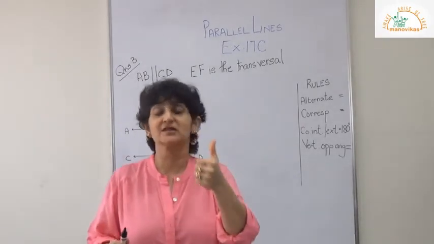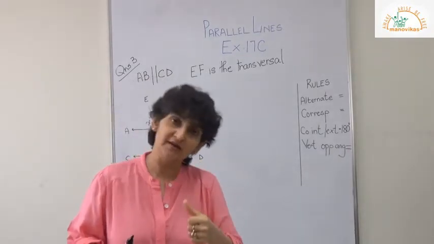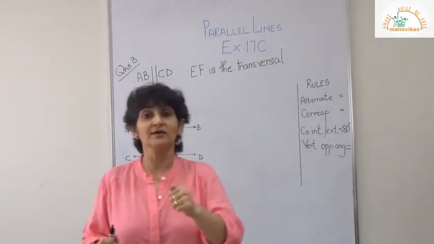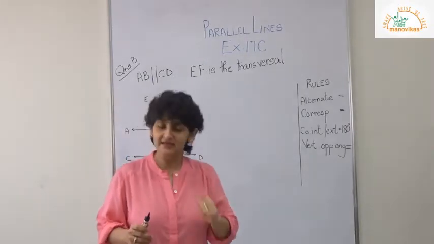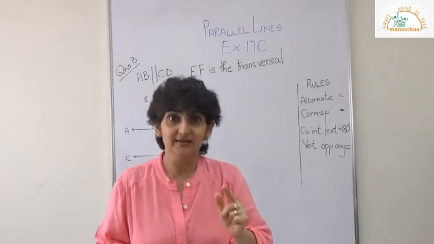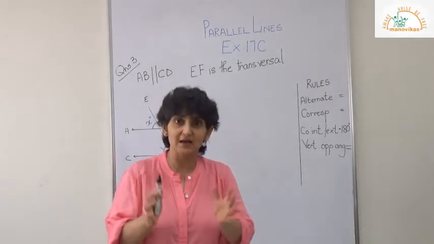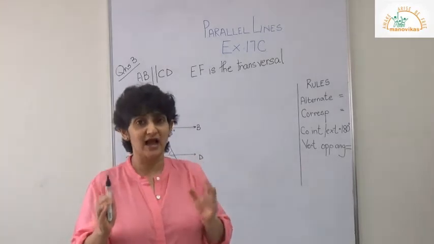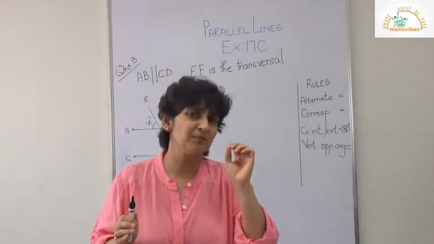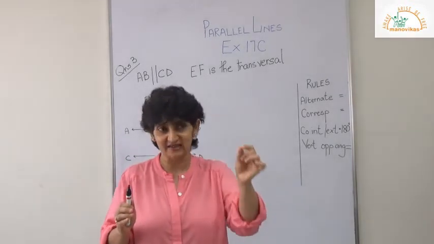So what are those rules? Alternate angles are equal. Alternate interior angles, alternate exterior angles are equal. Corresponding angles are equal. Then co-interior angles, that is the sum of the co-interior angles will be supplementary. The word supplementary means 180 degrees.